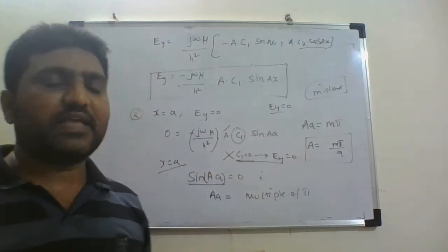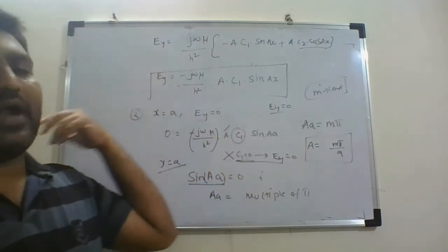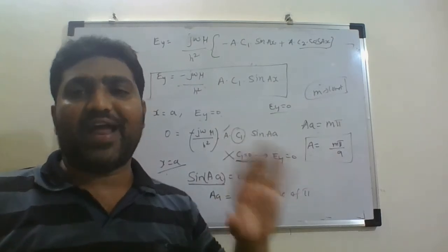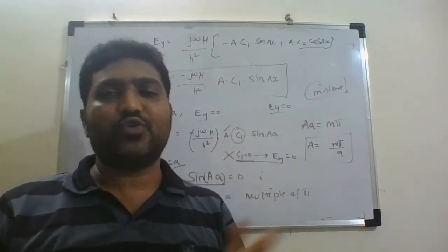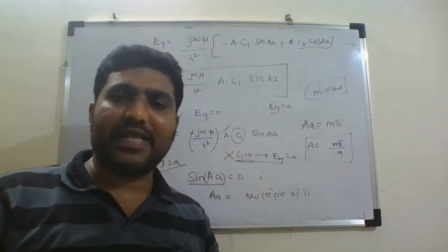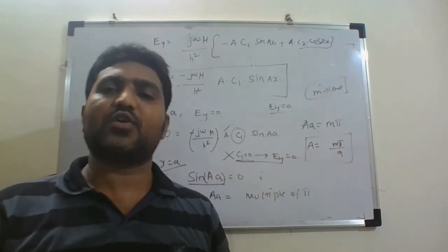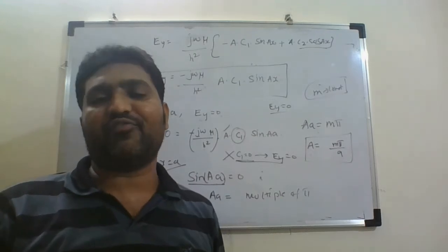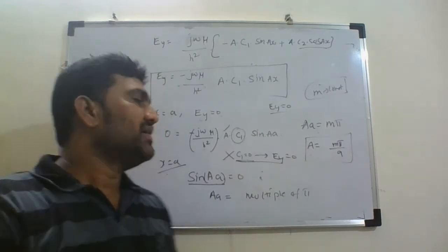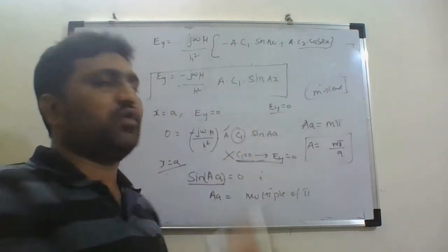That says Ey is equal to 0 at all places, which should not happen. Already Ex is 0 and Ez is 0. If Ey also becomes 0, there will be no electric field and no EM wave. So we cannot have C1 equal to 0.